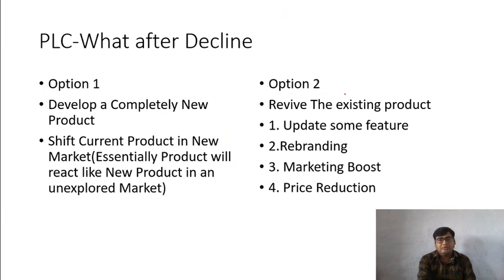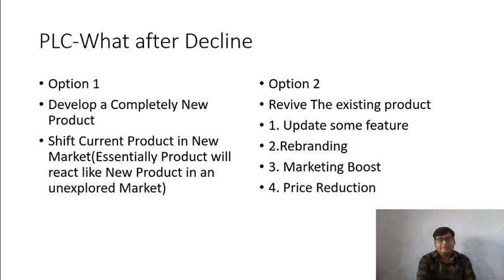And what is option 2? To revive the existing product. How can we revive the existing product? We can add some extra features, update some features, so that it will be somewhat attractive to customers, or we can rebrand it. Sometimes changing the packaging or making packaging more attractive will also work for some products.